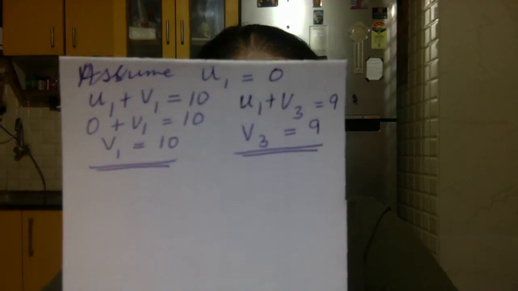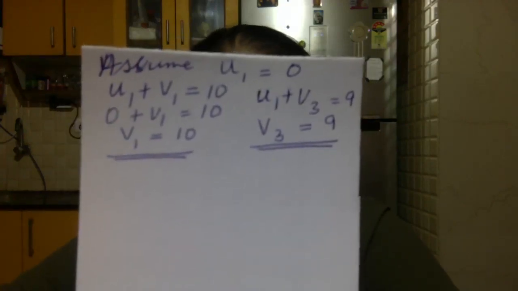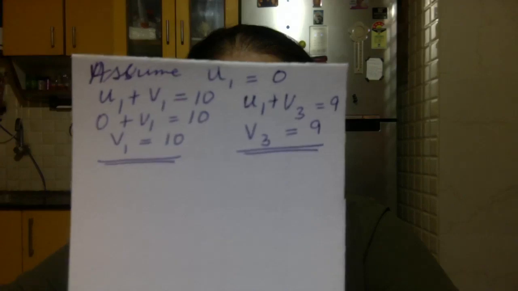Therefore, V3 is equal to 9. Okay, we'll go to the next equation, U2 plus V1 is equal to 11. V1 is already 10, you got above. So U2 plus 10 is equal to 11. U2 is equal to 11 minus 10. U2 is equal to 1.